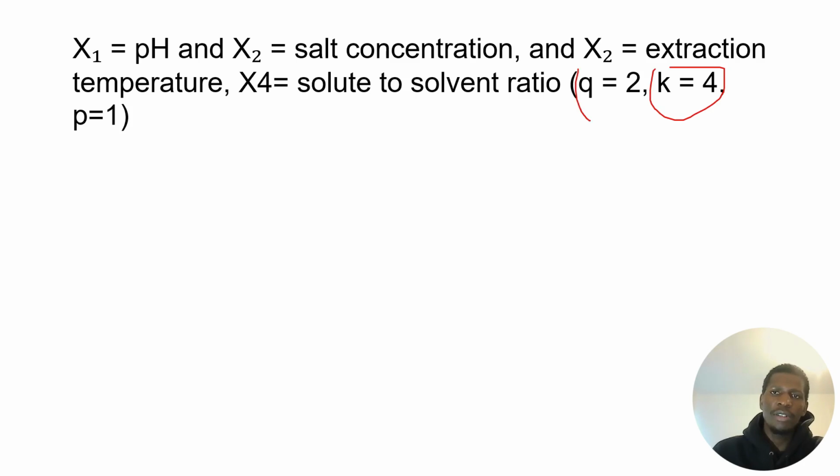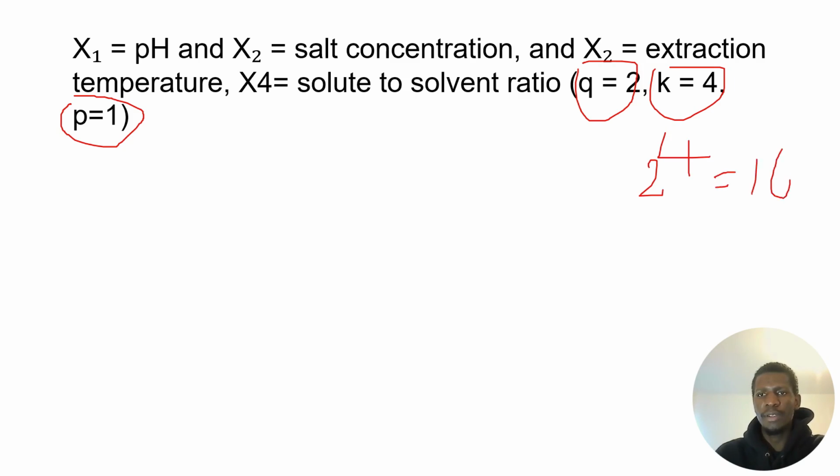The number of levels will remain 2, while the degree of fractionation, p, will be equal to 1. Remember that for a full factorial design, for 4 factors at 2 levels, that is 2 raised to the power of 4, we always have 16 experiments. This is for a full factorial design at 2 levels for 4 factors.